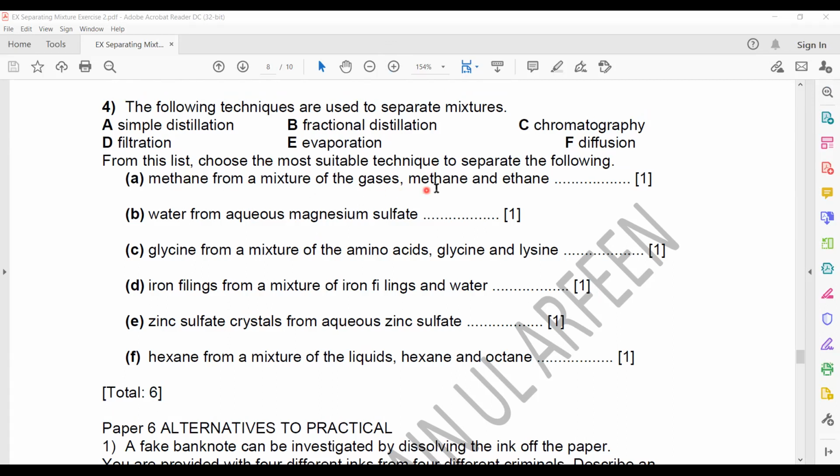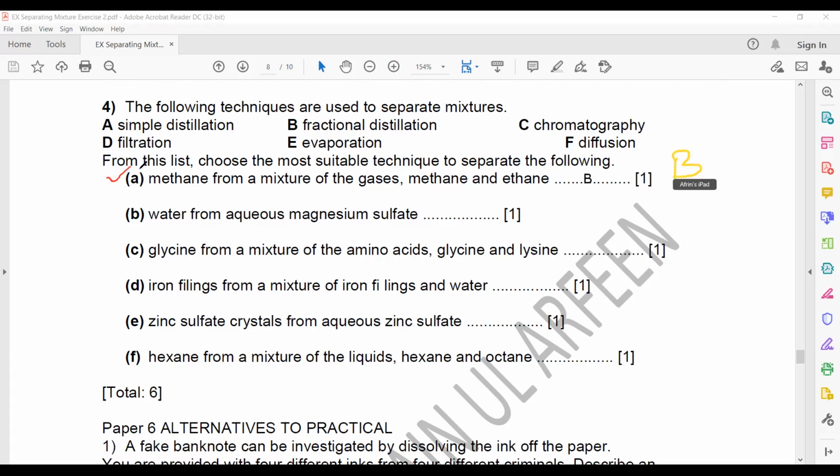Methane from a mixture of gases, methane and ethane. Two gases are there. So which technique can be used? That's fractional distillation, that's right.